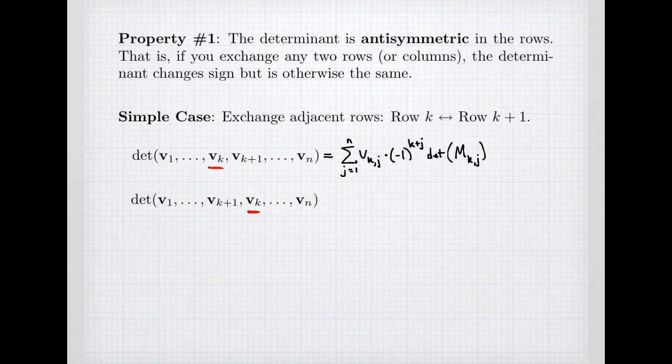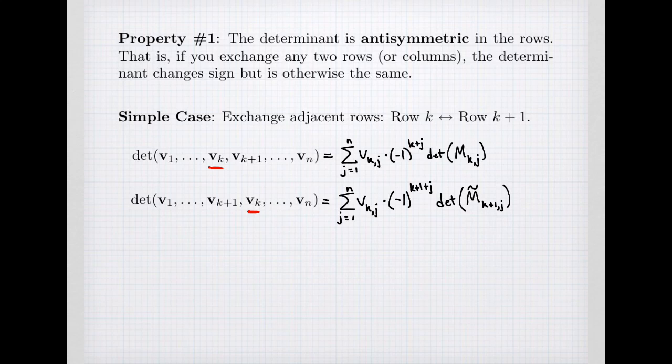Now if I think about the determinant of my new matrix expanding across its k plus first row, I have the same vector elements, because I'm using the same numbers in the row, but when I calculate the cofactors I'm doing something a little different. I'm on the k plus first row, so I have a k plus 1 instead of k, and my determinant is for the k plus first row and the jth column. I put a little tilde over the top of my matrix for my minor, just to indicate that it's for a different matrix.